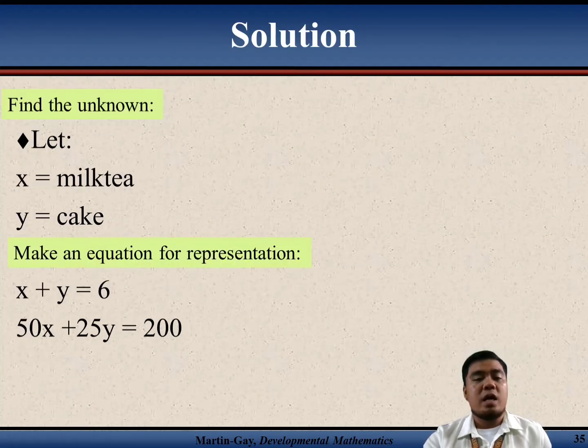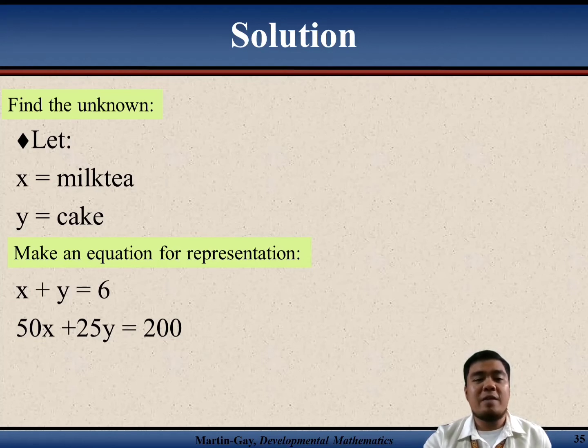So therefore, 50 times the number of milk tea plus 25 times the number of slices of cake totals to 200. Why? Because it is not stated in the problem that Jen received a change, meaning the total expenses is equal to 200. So I can say that 50x plus 25y is equal to 200.